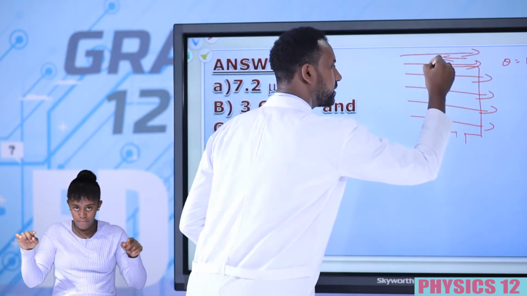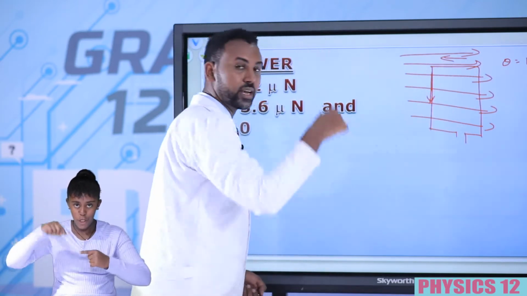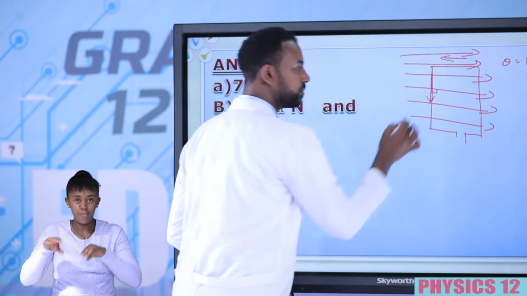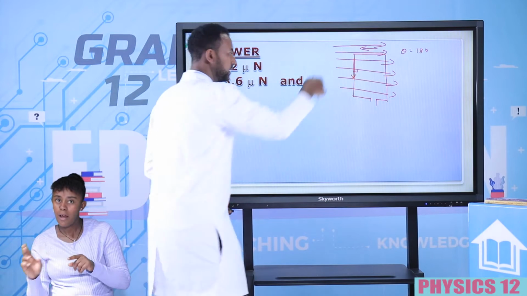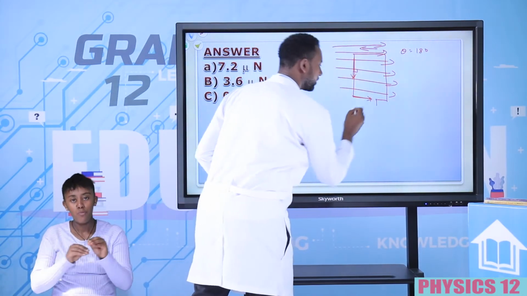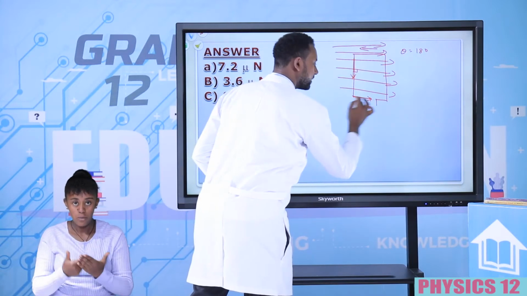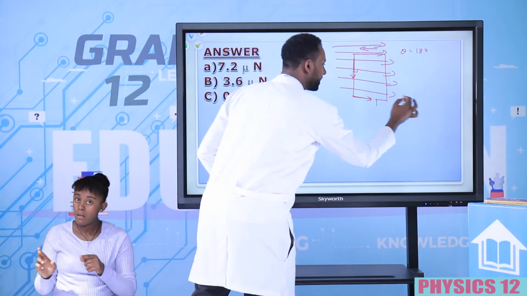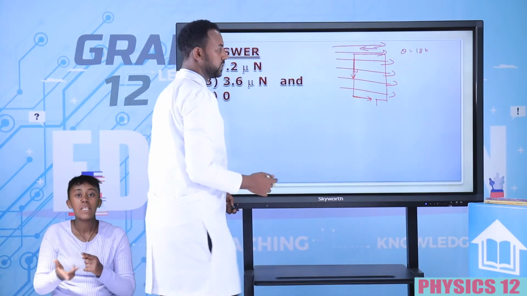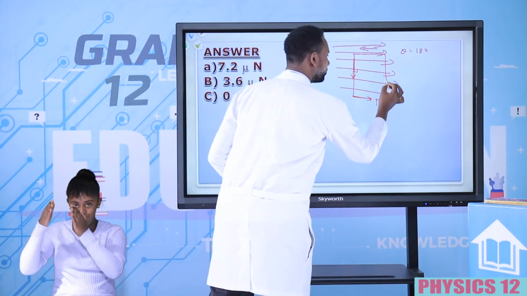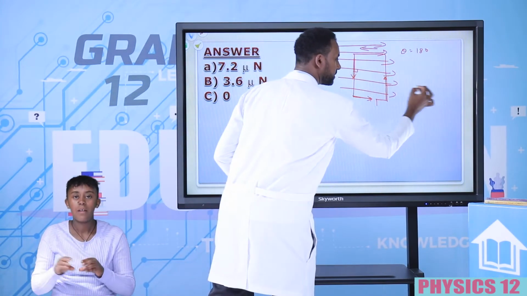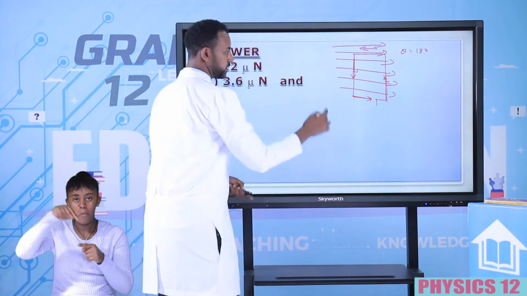Then the current comes here and moves downward. Since the current is acting downward and the magnetic field is acting to the right, they are perpendicular to one another. Then the current comes here and tends to move in this direction. So the current is acting to the right, as well as the magnetic field is acting to the right, in the case of the third segment. And on the fourth segment, the current is moving upward, whereas the magnetic field is acting to the right. So they are perpendicular.